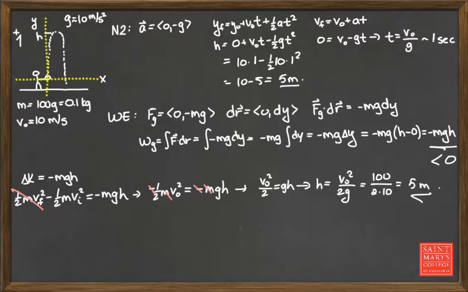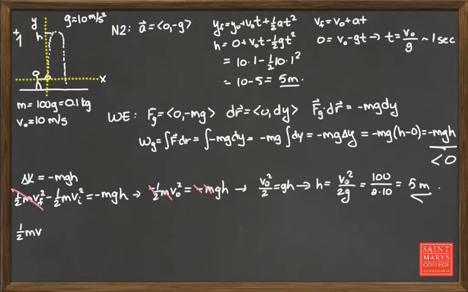Now we could also ask ourselves, how much kinetic energy did the ball have when it left my hand? How much kinetic energy does the ball have when it reaches its highest point? And how much work was done by gravity as the ball rose from my hand to the highest point?